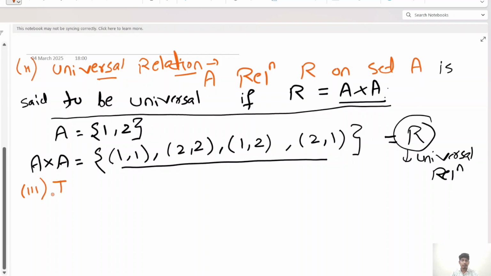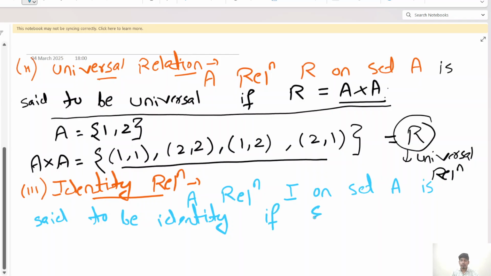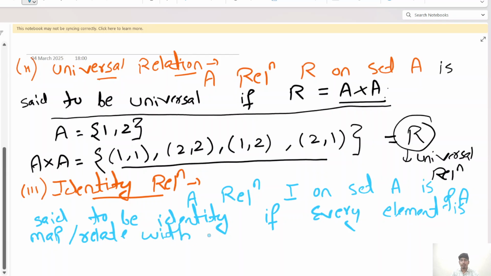Now describe the third type of relation. What is it? Identity relation. A relation I on set A is said to be identity if every element of A is mapped or related with itself only.